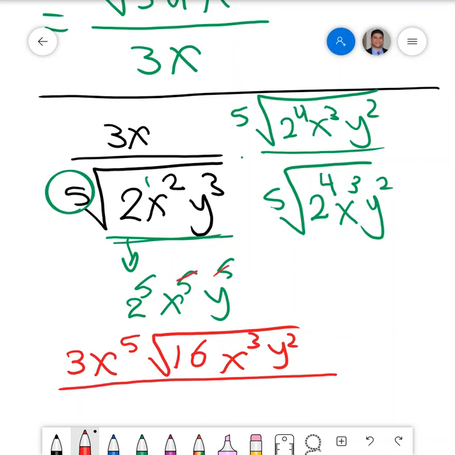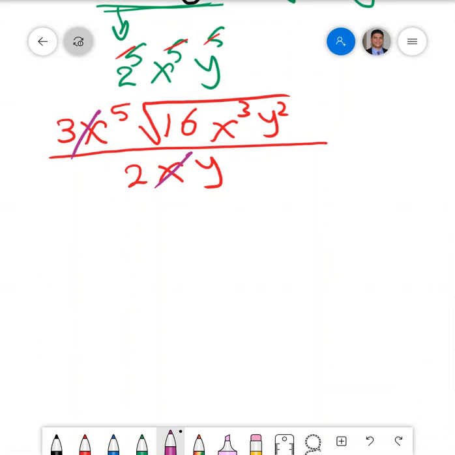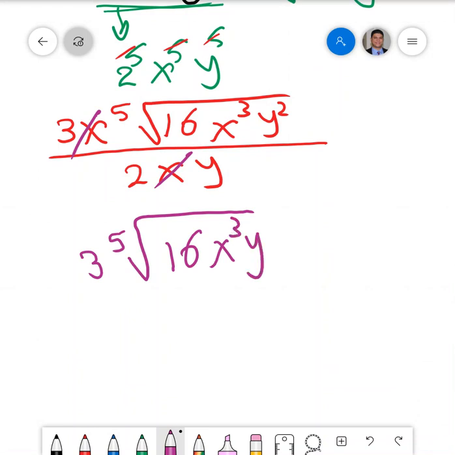Now we can get rid of the exponent, so 2xy, and we can simplify here numerator with denominator, so the expression will be 3 fifth root 16 x to the power of 3 y to the power of 2 all over 2y.